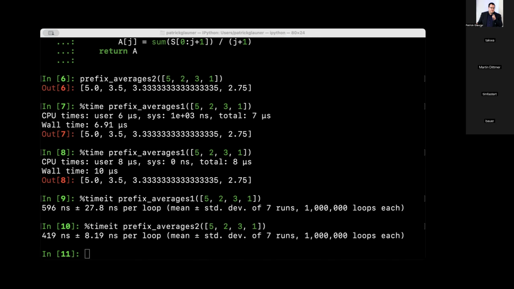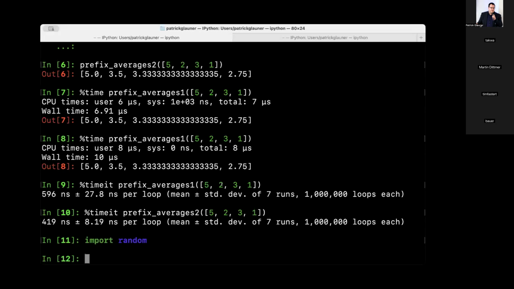Now, we can make the list that we are passing larger, because we're just passing a very, very small list. What we could do is have a list of random numbers, and I will quickly prepare this for you. So how can I create a big list of random numbers?